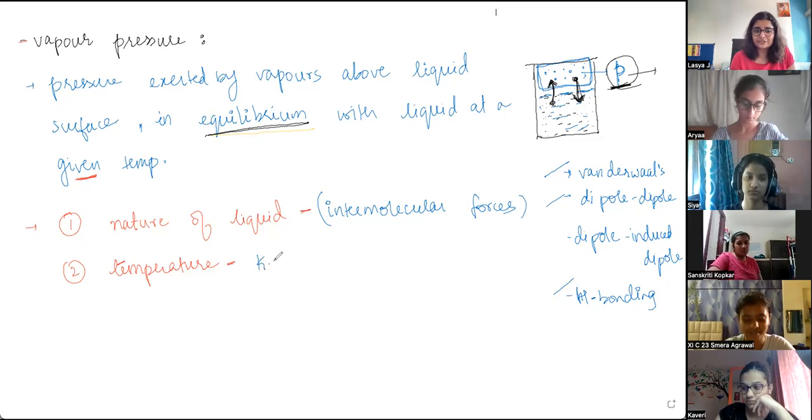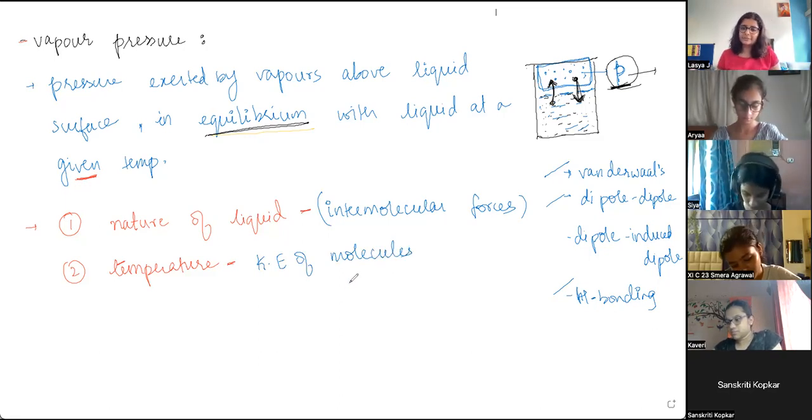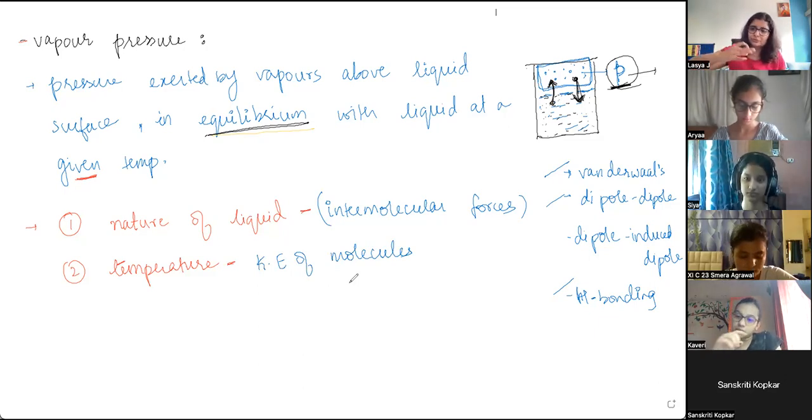Correct. So this relates to the latent heat of vaporization, the kinetic energy of the molecules. At higher temperature they already have a lot of kinetic energy, so it won't take a lot for them to go into the vapor state. But the cold one needs to get to that level first, and then they'll be able to vaporize.